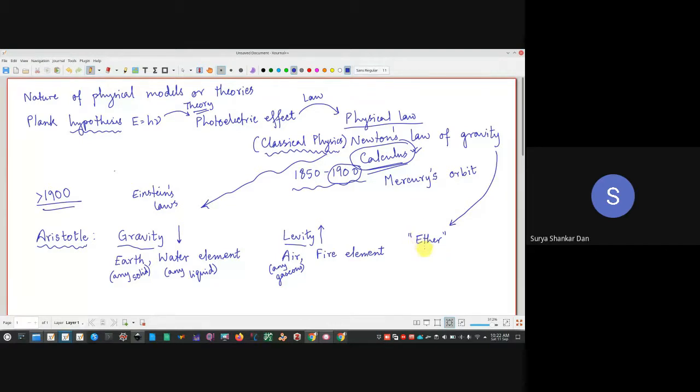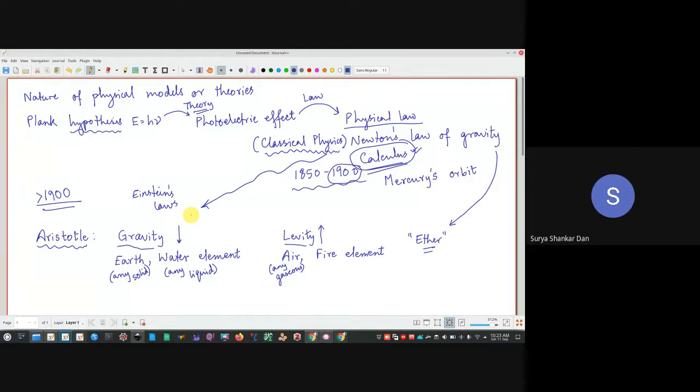This concept of ether was ruling the roost all over the world until Albert Einstein came up. Through his theory of relativity, he said that the gravity that we know today is basically the warping of space-time coordinates. I'm not going into relativity right now. It is too much at this stage.